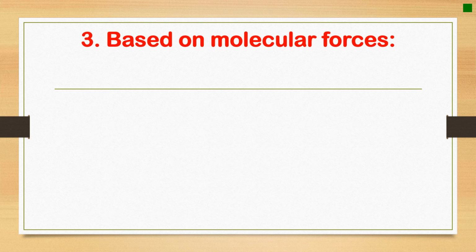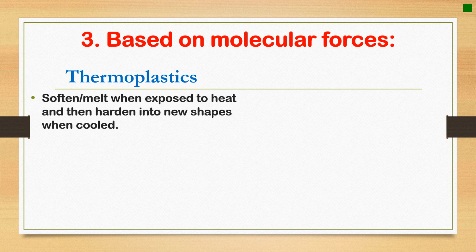When we look at the molecular forces between the polymer chains, we can talk about thermoplastics. Thermoplastics are those polymers that soften or melt when exposed to heat and then harden into new shapes when cooled.